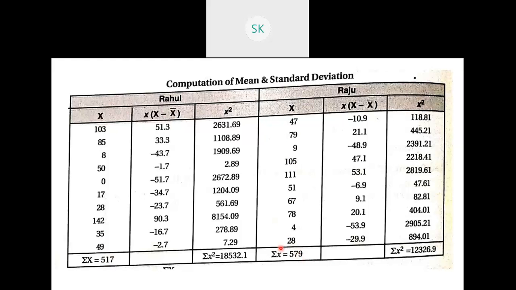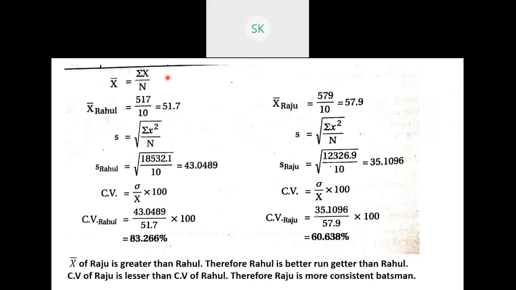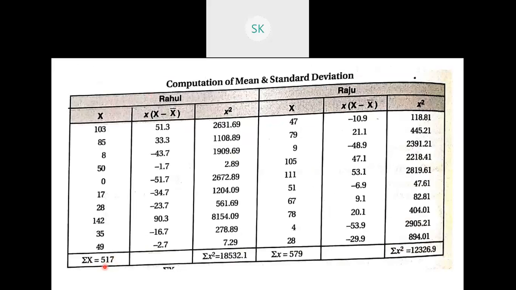Now we have to find out the x bar. The x bar formula is nothing but sigma x by n. Sigma x we have already calculated, and let's see how much data is there: 1, 2, 3, 4, 5, 6, 7, 8, 9, 10.